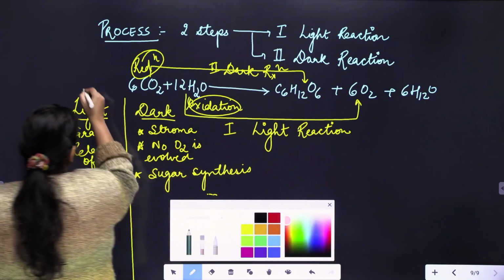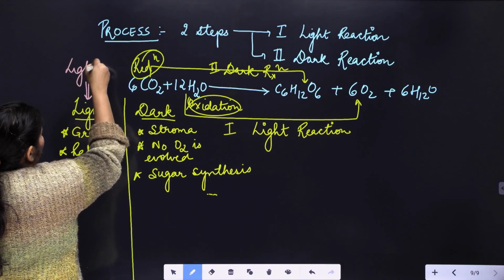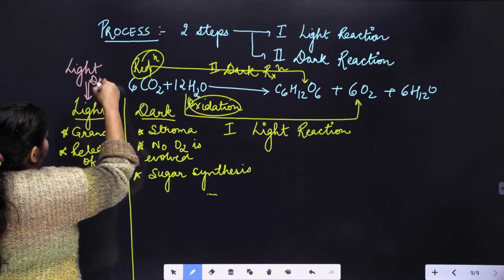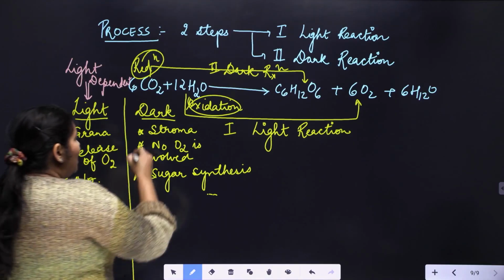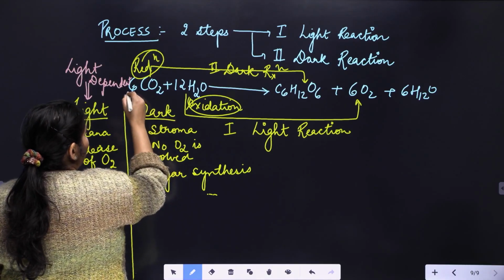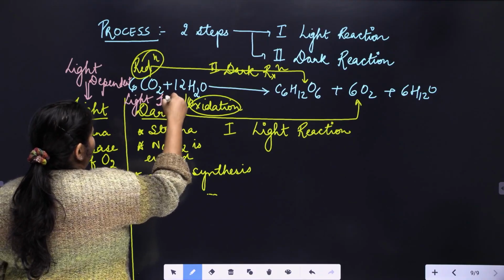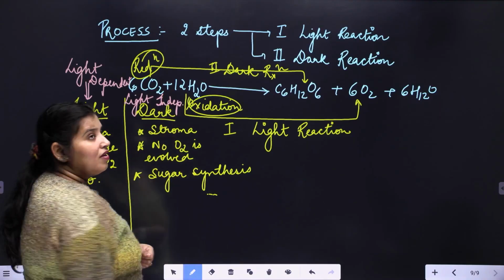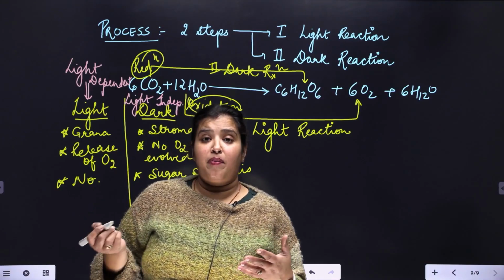Light reaction is said to be light dependent. And dark reaction is said to be light independent. What does this mean now? Light dependent and light independent.